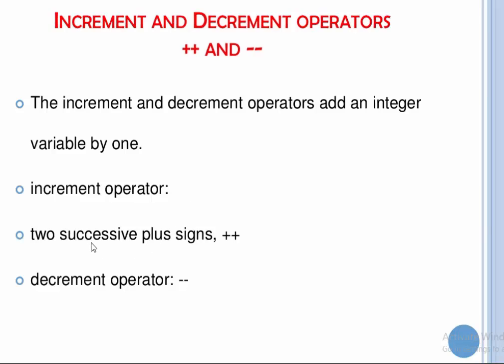For the increment operator we use two successive plus signs, and for the decrement operator we use two successive minus signs. There are two types of increment operators: pre-increment and post-increment. Similarly, there are pre-decrement and post-decrement operators.